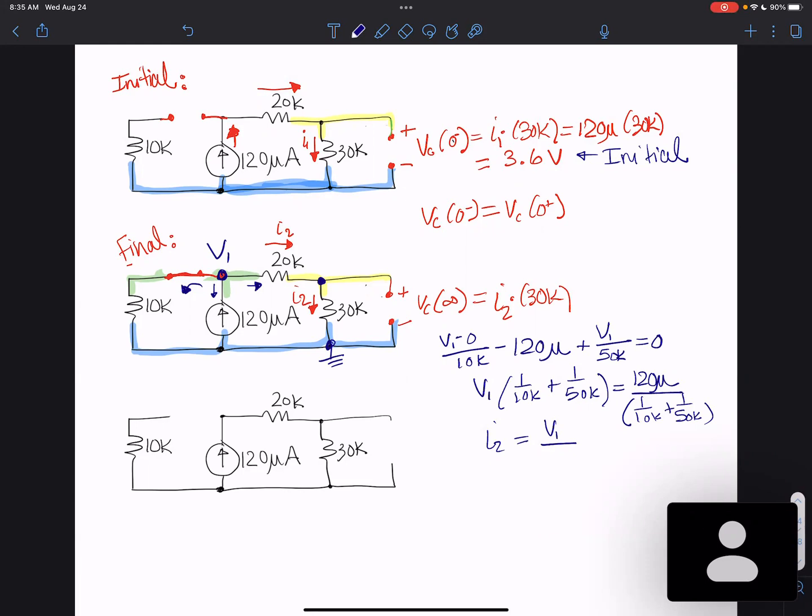Yes, you were right, but you'd have to label this V2 node, and then you would have another unknown. So instead I look for another known, and yes, you have that ground. So V1 over 50K. Rewriting this ends up giving me what I would have gotten from the current divider equation.